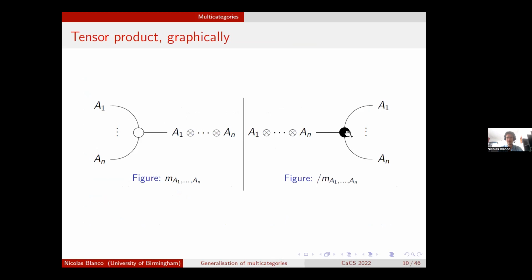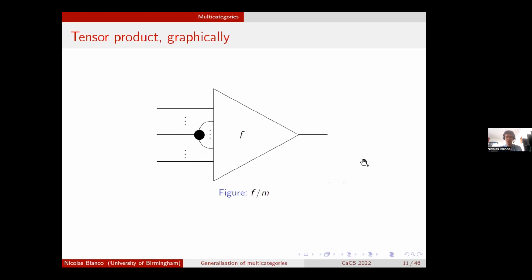That is a black dot, and that goes from the tensor product into A1, ..., AN. And you should think of it as divided by M, by the multiplication. We'll see why. But one way of thinking of these two things is that this white dot is the introduction of the tensor product. It goes from A1, ..., AN, and I introduce that tensor product. And the black dot is elimination of the tensor product.